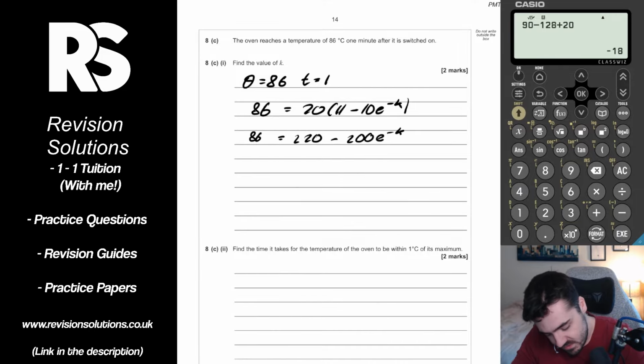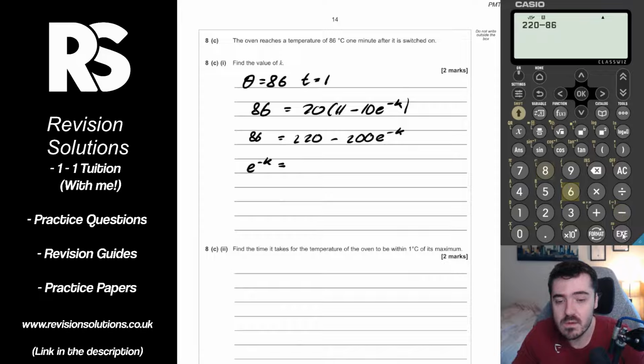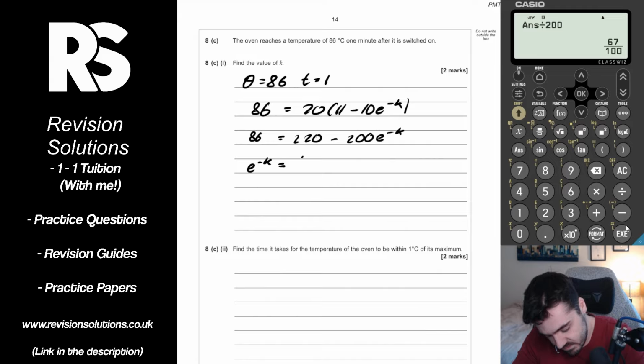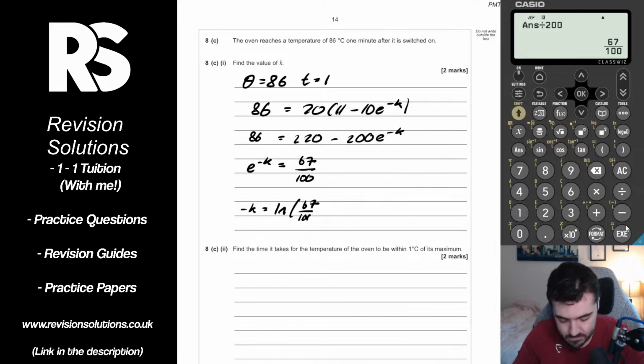If we rearrange for e to the minus k, it would be 220 minus the 86, and then divide that by 200. That's 67 on 100. Then we'd know minus k is the natural log of 67 on 100. So k is just minus the natural log of 67 on 100.